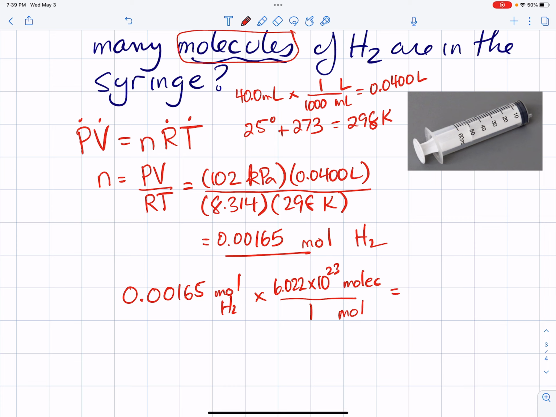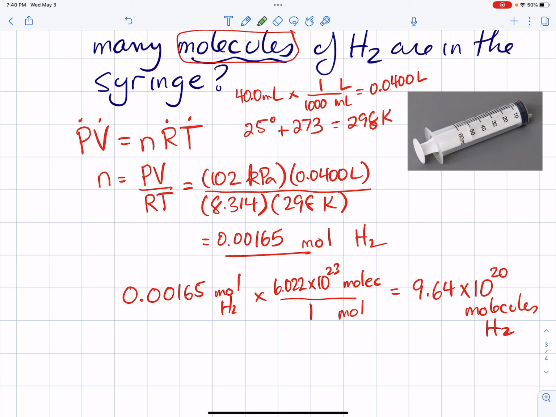So grab my calculator, 0.00165 times 6.022. I use the scientific notation button to do the times 10 to the power of, and then type 23. That's going to give me a really big number, 9.64 times 10 to the power of 20 molecules of hydrogen.